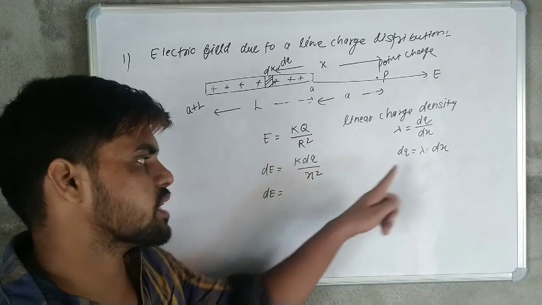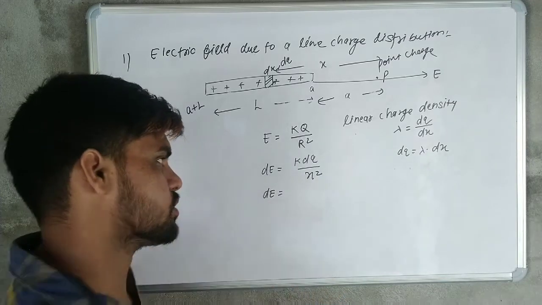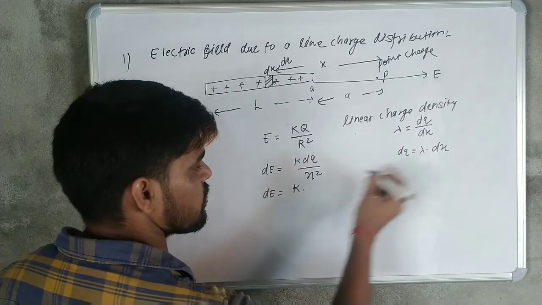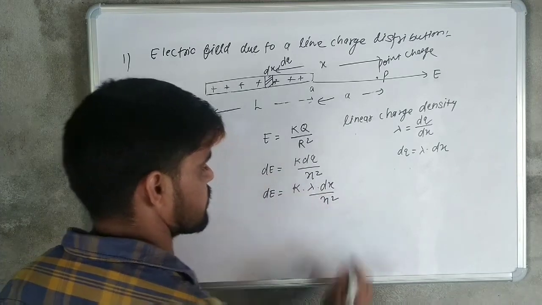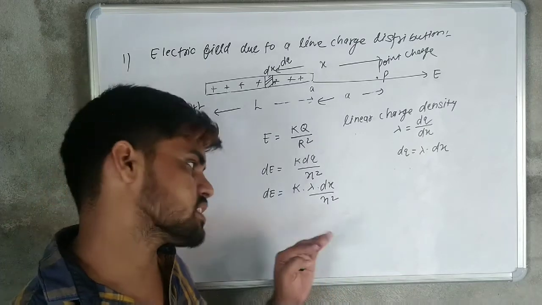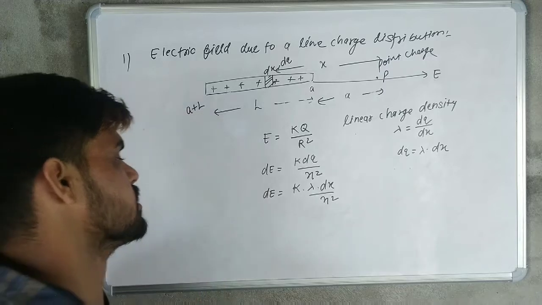We put the value of dq, lambda into dx, here: dE is equal to k into lambda into dx upon x square. Now we integrate this from a to a plus l.